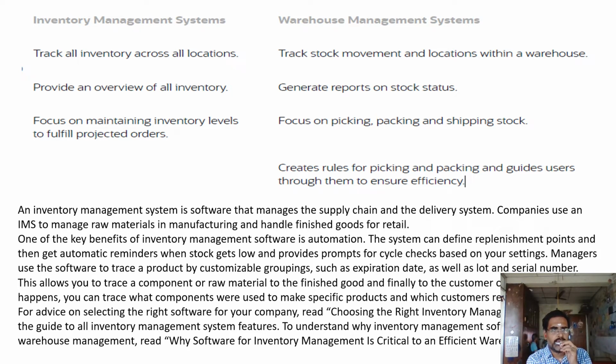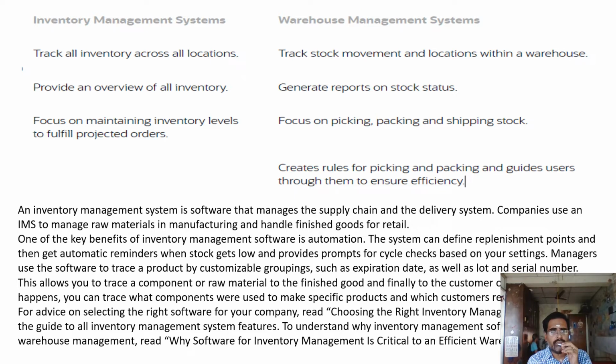Third point, inventory management systems focus on maintaining inventory levels to fulfill projected orders, whereas warehouse management systems focus on picking, packing, and shipping of stock. They create rules for picking and packing and guide users through them to ensure efficiency. An inventory management system is software that manages the supply chain and delivery systems.